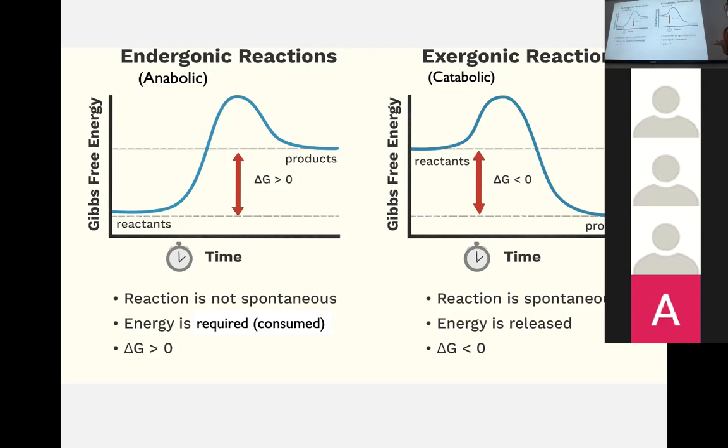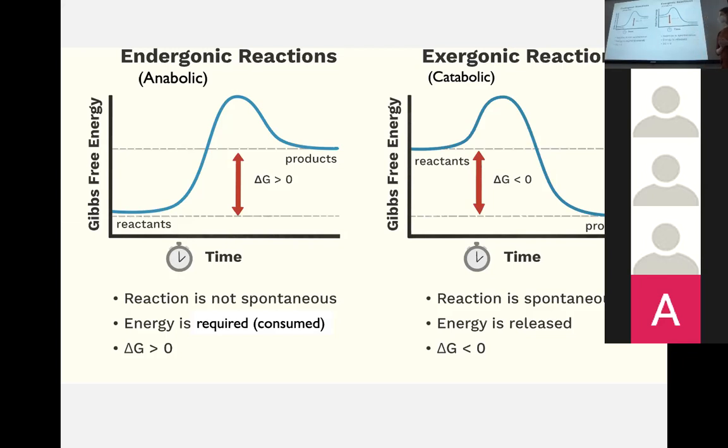And then the opposite obviously happens with an exergonic reaction or a catabolic reaction. So we start with the reactants. They have a lot of energy at first. We're going to end with products that have less energy. So here we're breaking apart that molecule rather than building it. Delta G is going to be less than 0 or negative. So you start with a high amount of free energy, and then you end up with a lower amount of free energy.